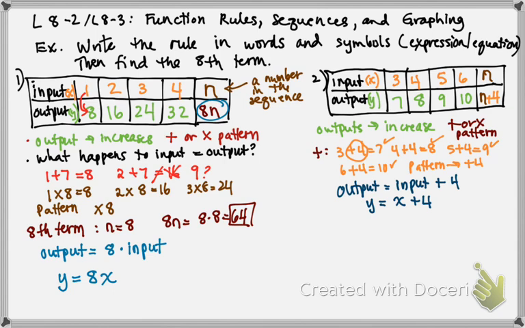Now I'm going to go on to the next screen and we're going to do another one, and this one is the toughest of them, okay, where the pattern is not very obvious. So then we're going to have input, we're going to have output. I'm going to hold off and put my little letters there.